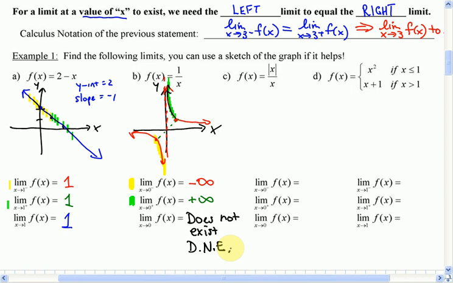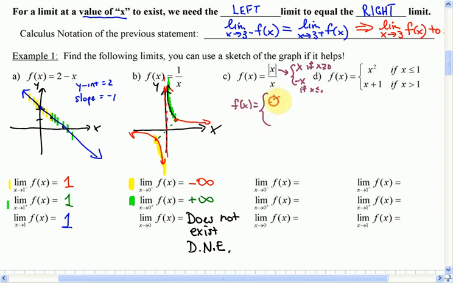Okay, part C. Oh, this is an interesting sketch. Absolute values. Remember an absolute value function as a piecewise function? Remember that becomes positive x if x is bigger than 0, negative x if x is less than 0. So if you think about this function, you've actually got two parts.